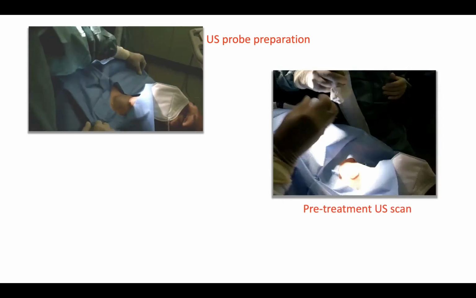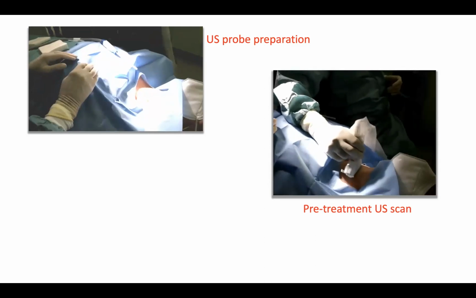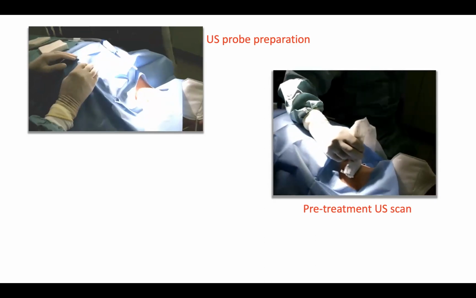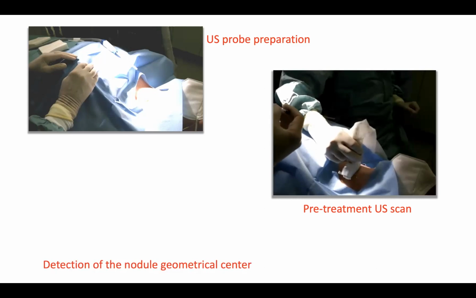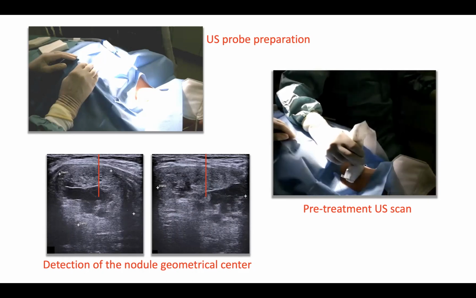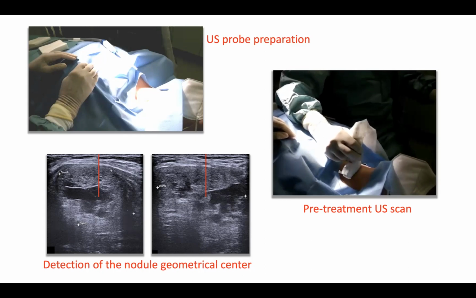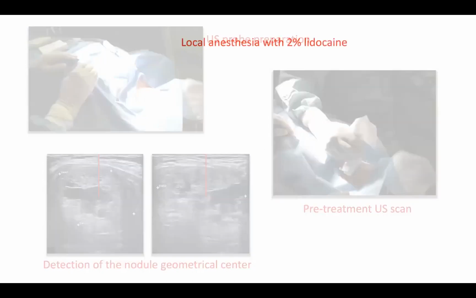And secondarily, we perform a pre-treatment ultrasound scan with the main purpose to confirm the location of the lesion and particularly to detect the geometrical center of the nodule, which is the point where we will perform the local anesthesia and also all the therapeutic procedure, because through this single hole, we will reach all the different portions of the nodule, performing the ablation for the entire lesion.